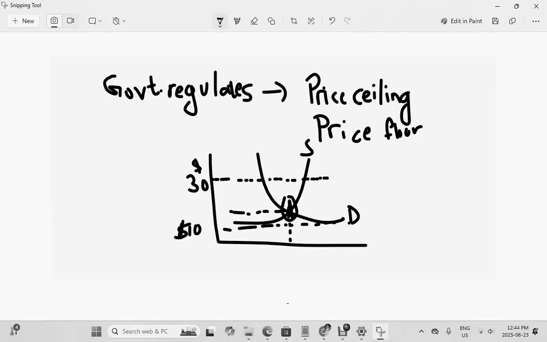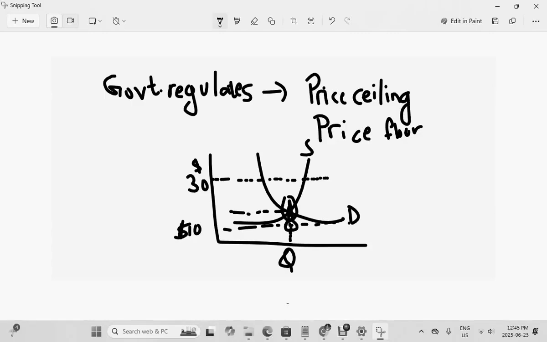Let's say this has to do with minimum wages, which means the businesses and employers cannot pay below $10 per hour to any employee they decide to hire, because it's a government regulation. In that case, your equilibrium point will go further down over here, and at this point your price will be less, and your quantity will stay the same.